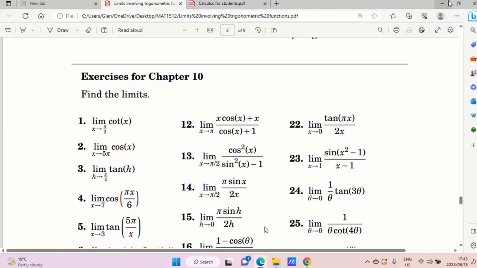I got negative √3. Okay, so what did you get? Negative √3, sir.